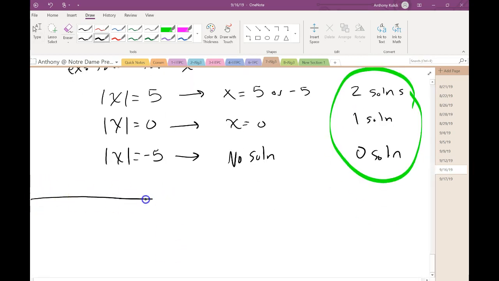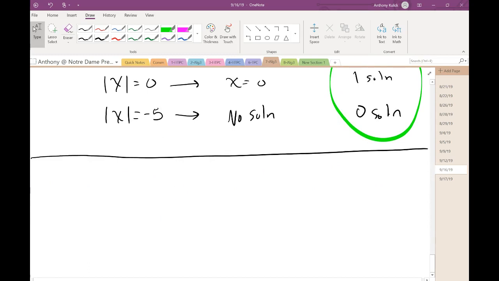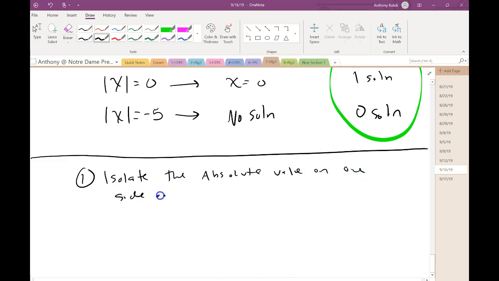Because we need to be a little bit careful, I'm going to outline the procedure that we're going to use each time. The first thing we're going to do is to isolate the absolute value on one side of the equation.